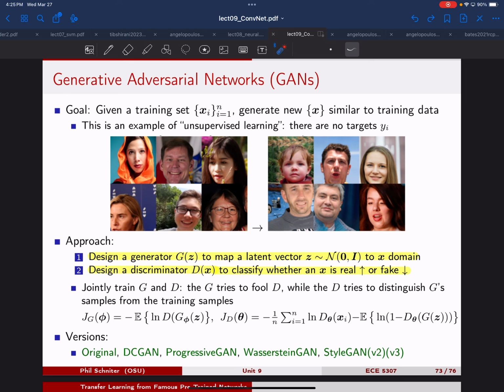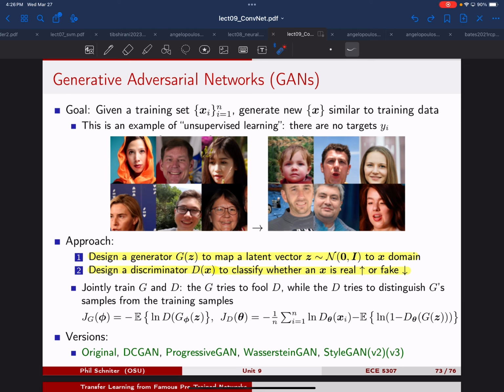The discriminator has kind of the opposite objective. For the discriminator, it wants that for all the true training faces, if you put them directly into the discriminator, these should be large because they're real. But because it's a cost, we're going to make it negative so that we can minimize this.